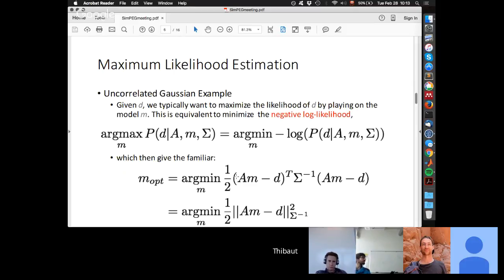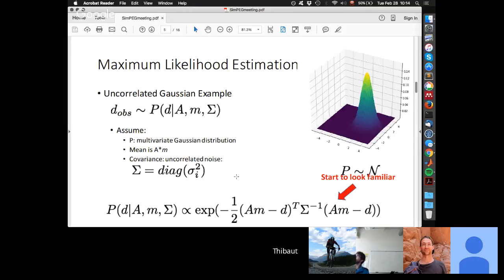Sorry, why are you taking the log as opposed to just the negative of the exponential? Is that a choice to scale that, or does that fall out of the math? That follows the math, because you usually have an exponential in the probability distribution. My probability is proportional to this, so I'm taking the log of the exponential.